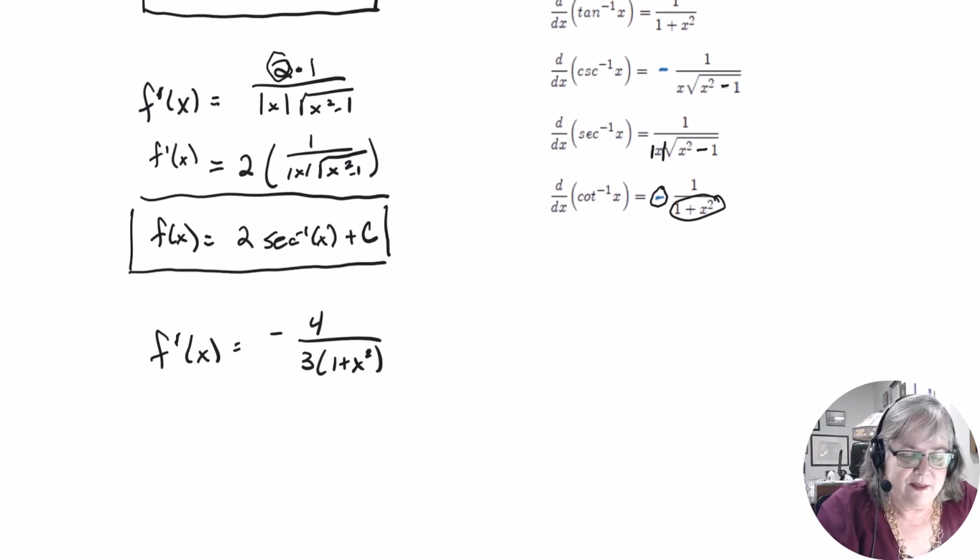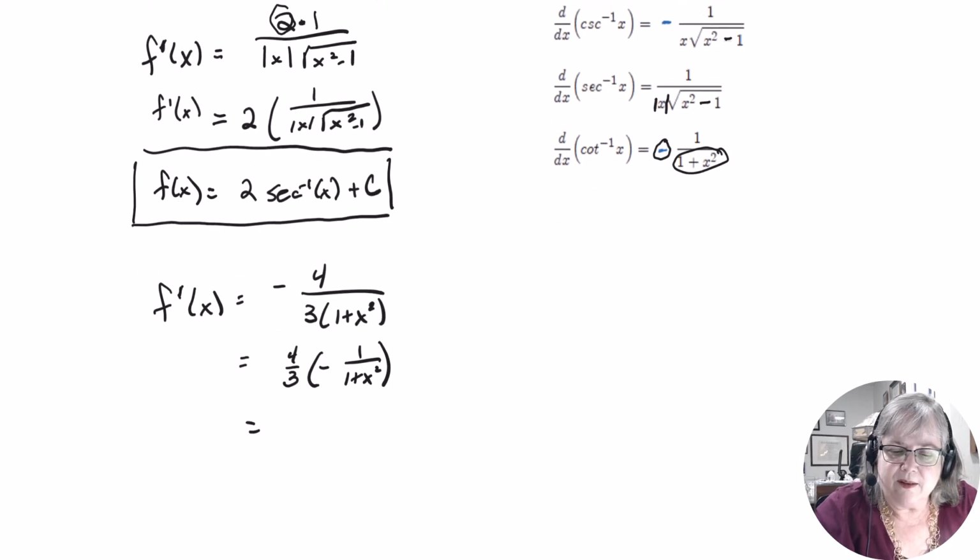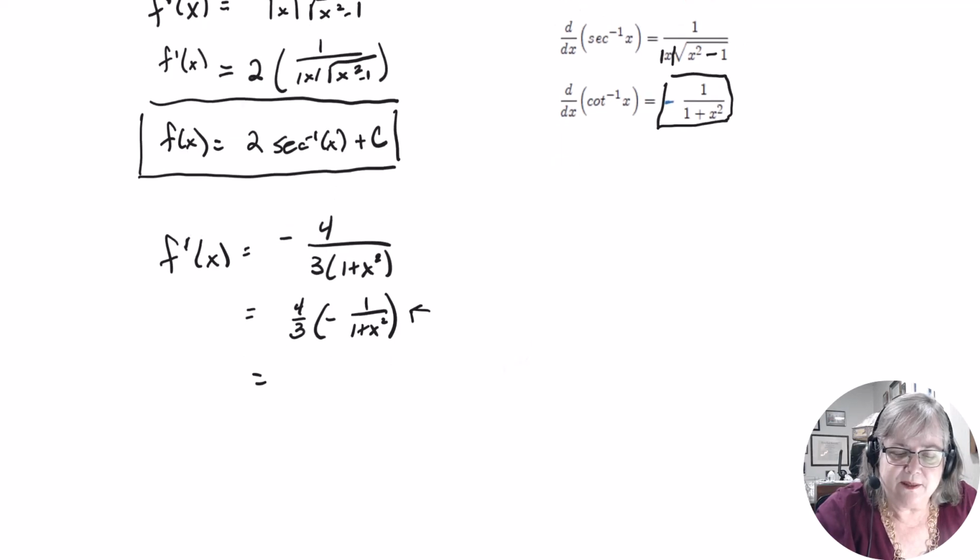So you can say this is negative 4/3, or let's factor out the 4/3 and leave negative 1 over 1 plus x squared. All right, so this pattern of the negative 1 over 1 plus x squared is intact right here inside the parentheses. So this would be 4/3 plus c.